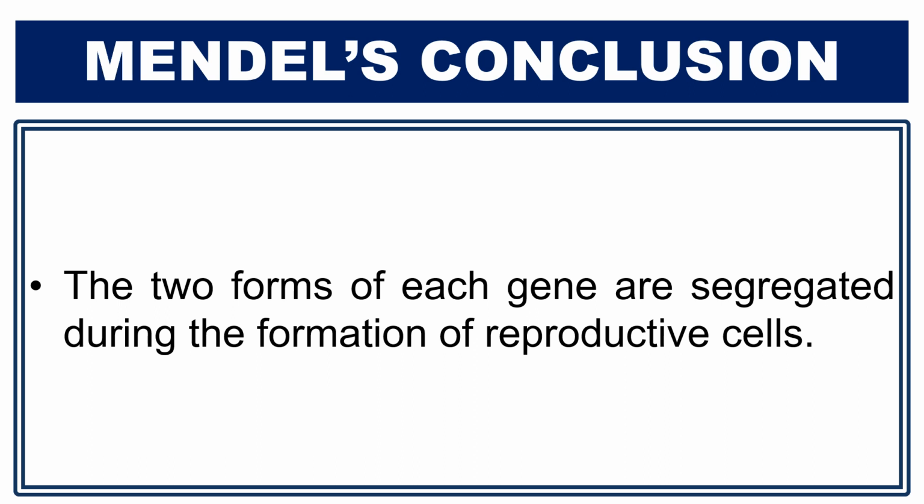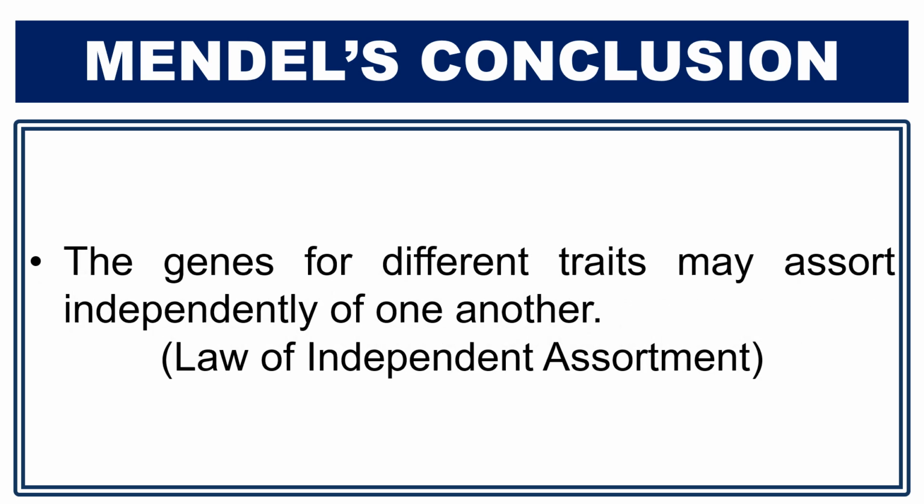The 2 forms of each gene are segregated during the formation of reproductive cells, and finally, the genes for the different traits may assort independently of one another, and that is also known as the law of independent assortment.